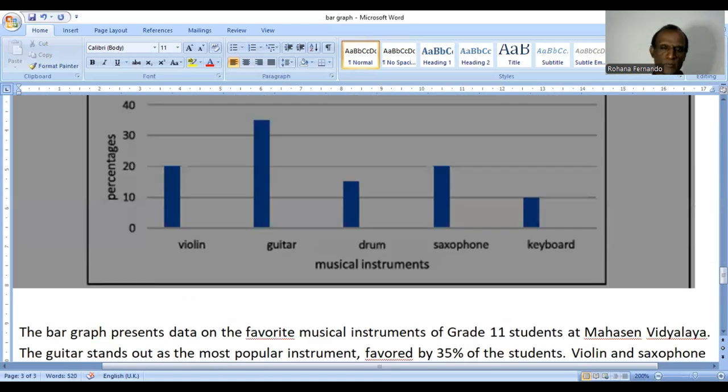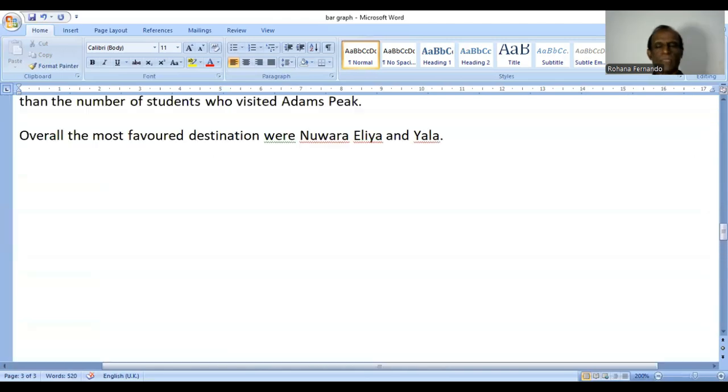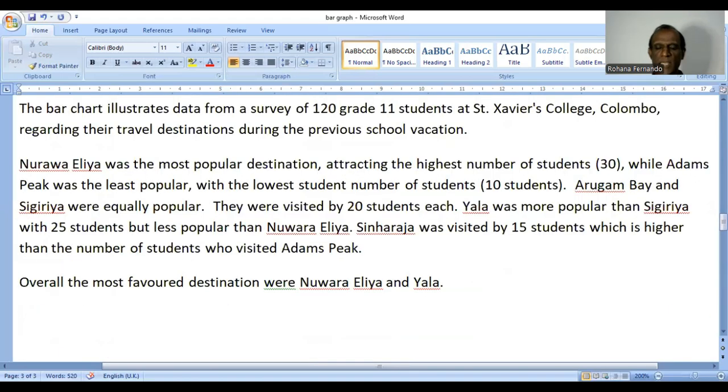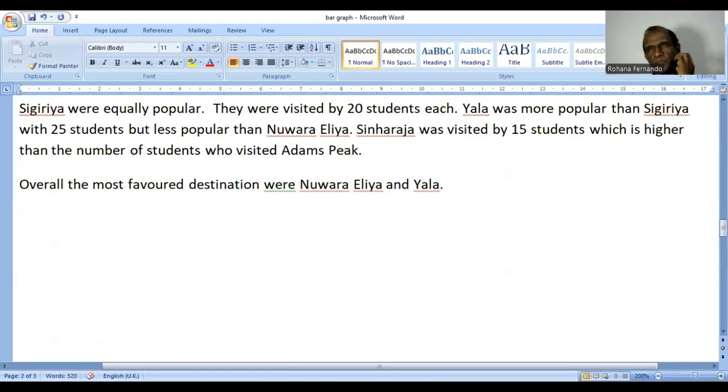So from these three graphs and the descriptions, I think you have got some idea about how to describe bar graphs, which play a very important role in O-level bar graph description. Because the ordinary bar graph is the most common type of graph you can expect at the O-level examination.